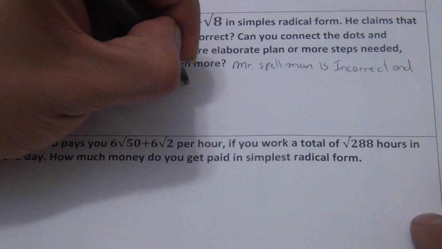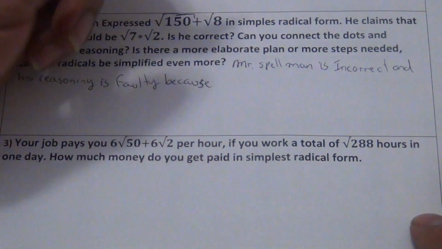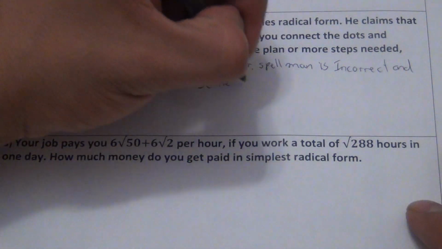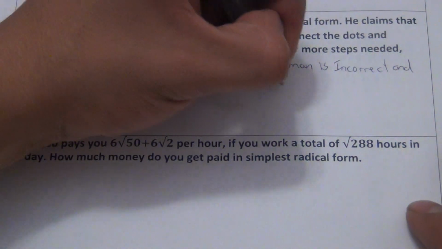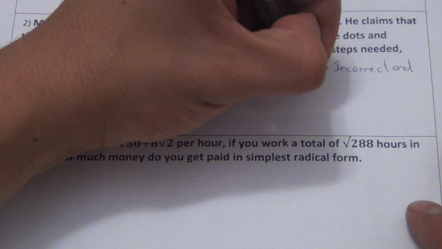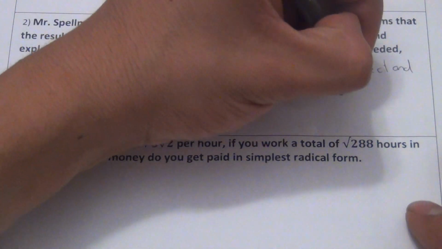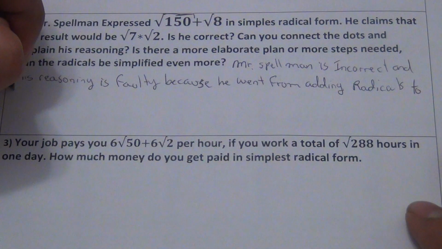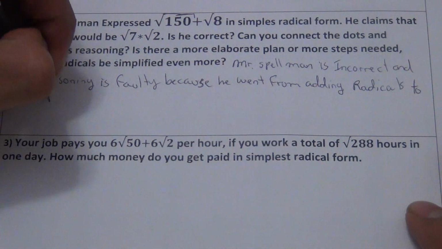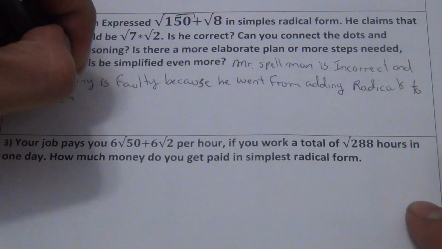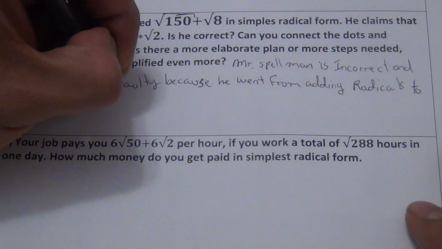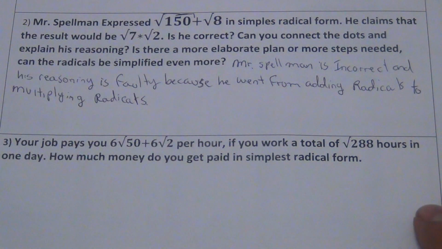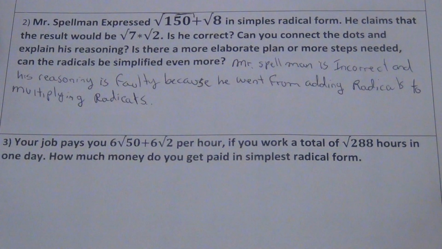Because he went from adding radicals to multiplying radicals. If you cannot read this, at least you're listening to what I'm saying, so that's it. Okay. Multiply radicals.